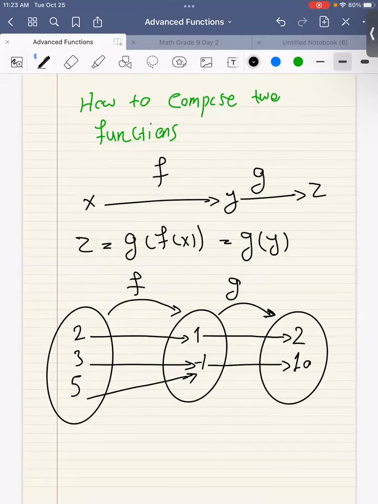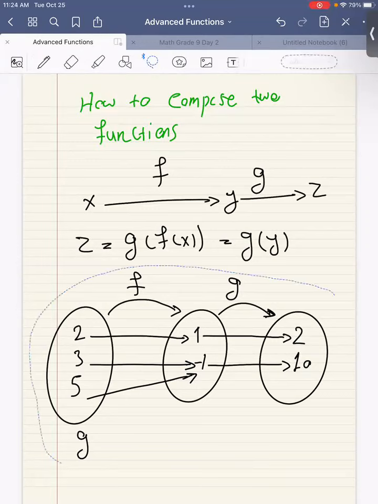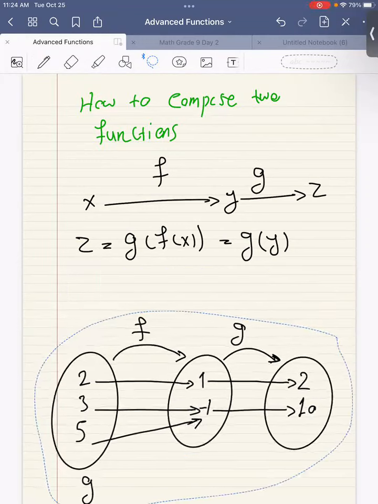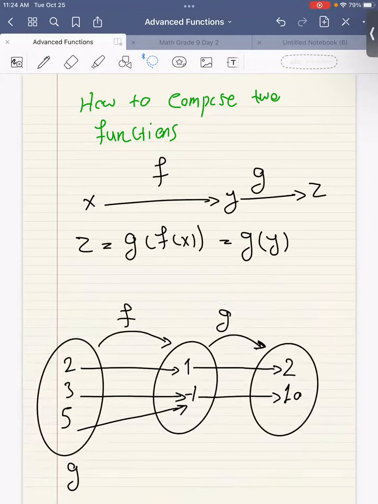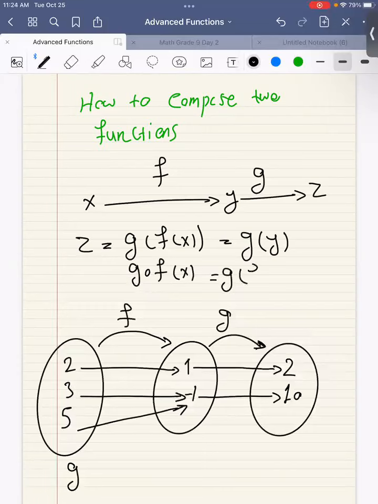Then based on this picture, there is another notation. We also use this notation g o f. So g o f of x is just equal to g of f of x.